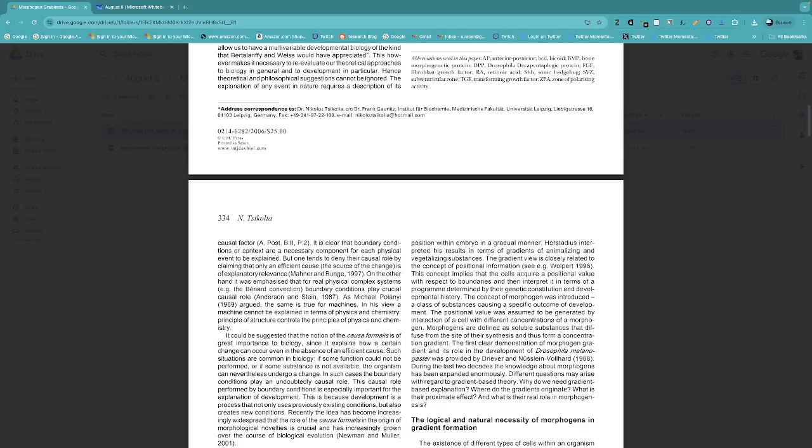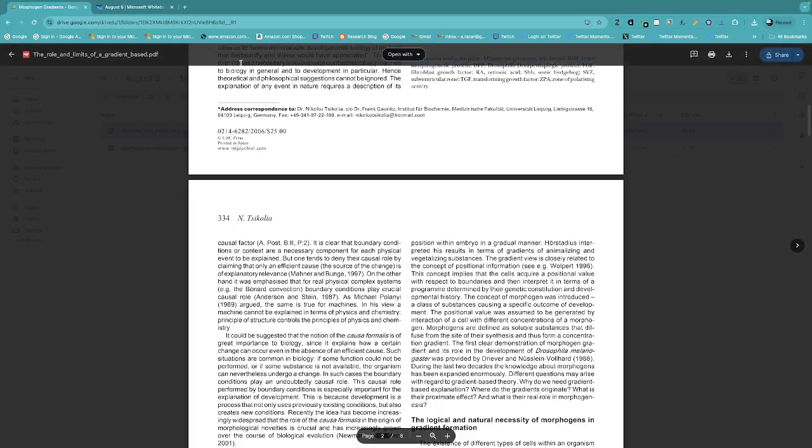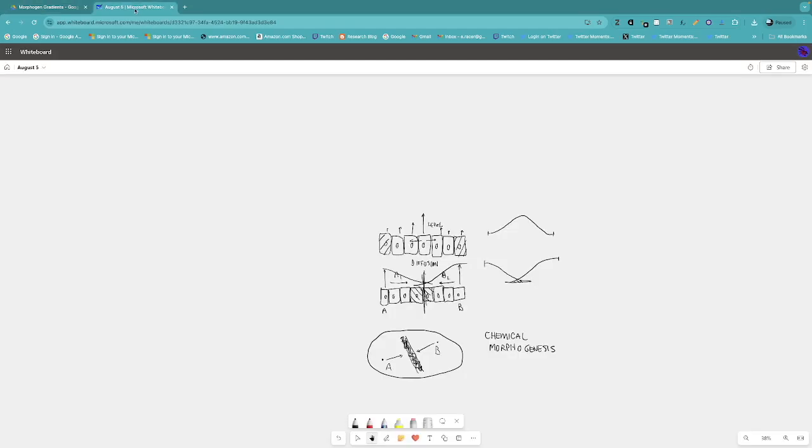This result was interpreted in terms of gradients and animalizing and vegetalizing substances. So the differences in the early embryo in terms of these gradients between two different substances. The gradient view is closely related to the concept of positional information, which would come later by Wolpert. And the idea is that there are different positions in the embryo that have different sorts of stuff in them.